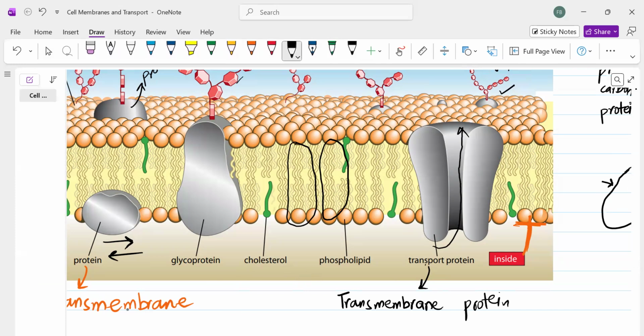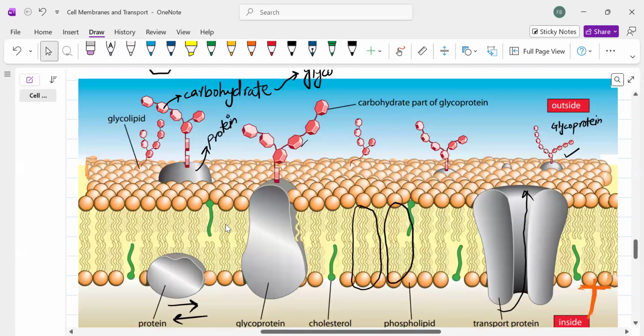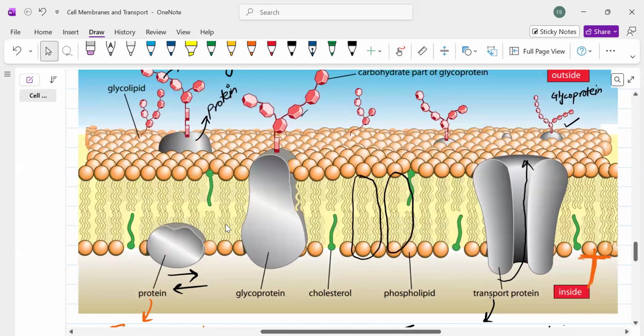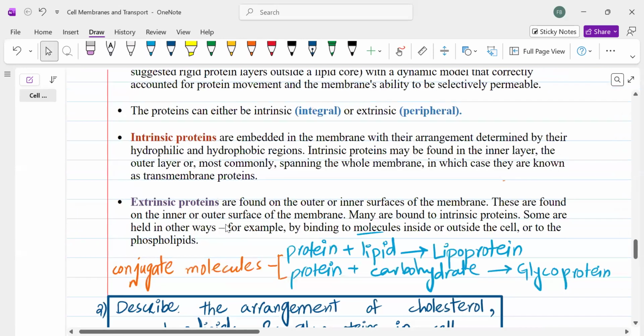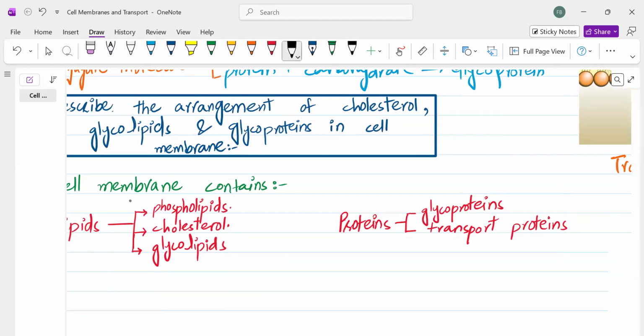What else is there? There was something else in the notes: the receptor protein. Receptor proteins are present particularly when you are having a specific type of response, known as a cell-mediated response.